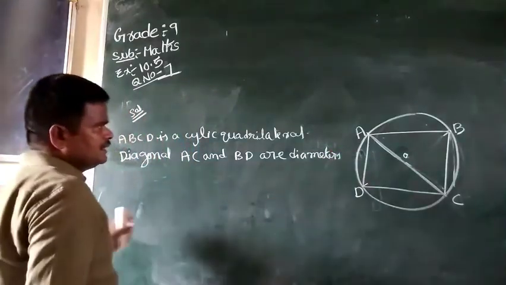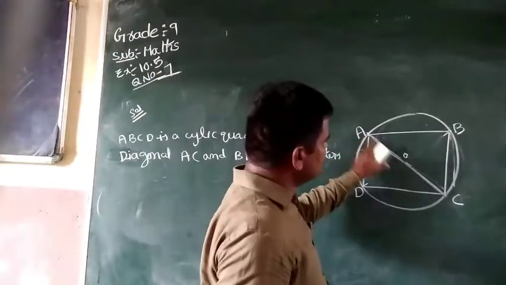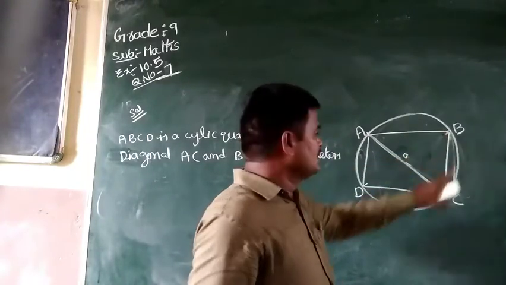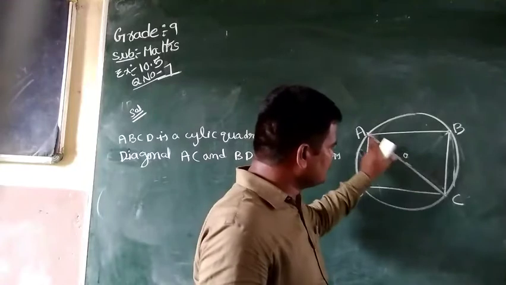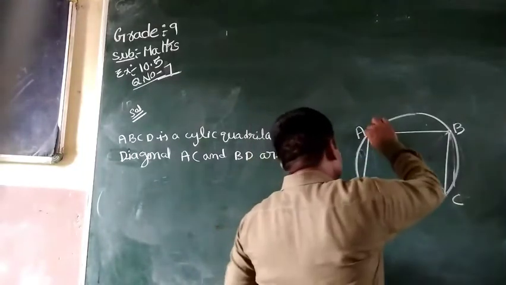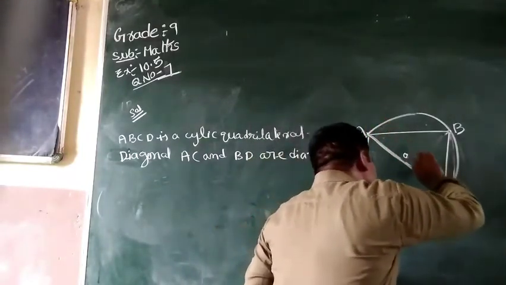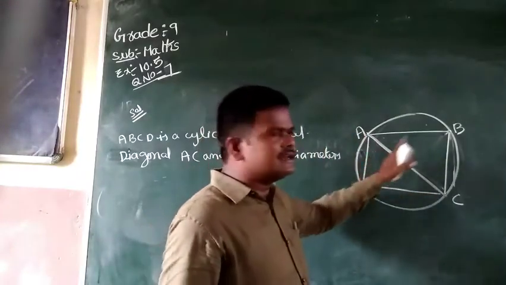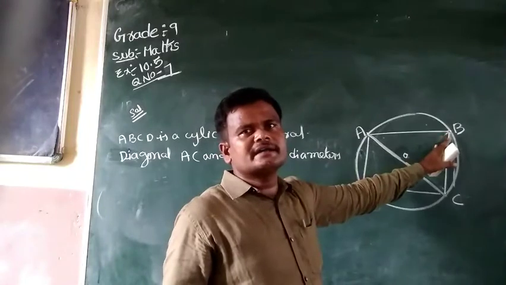Observe here, this is the semicircle, and this is angle B. This diameter is one diagonal. A diameter divides the circle into two equal parts, two semicircles, and the angle in a semicircle is 90 degrees.